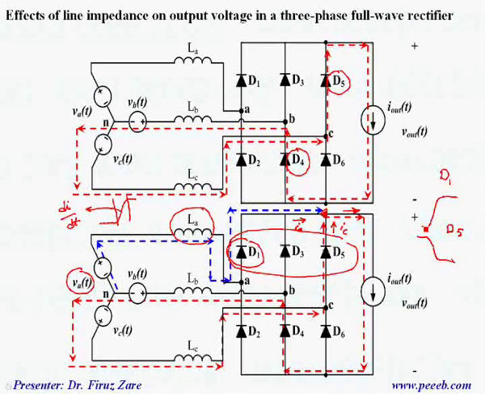But when we add them together, the sum of these currents is equal to the output current. So again, we can consider the effect of line impedance by considering this short circuit. This is the current loop that we need to consider, and based on that we can analyze and find the output voltage and commutation time.